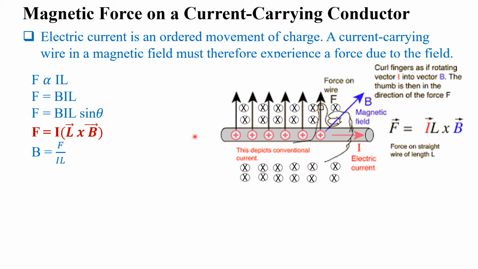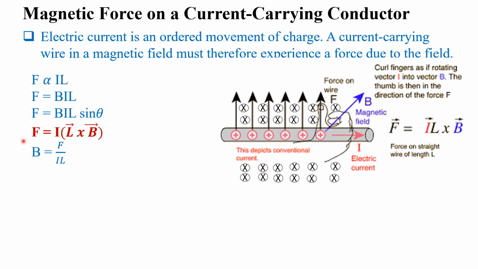The length and magnetic induction are both vectors, and they show the cross product here because sine theta is replaced by this cross product.